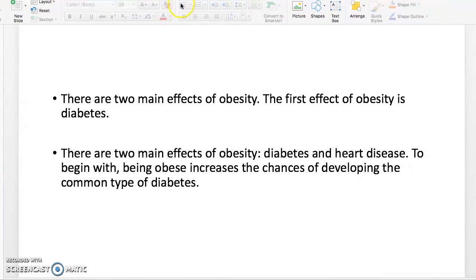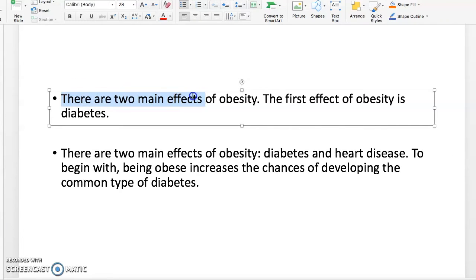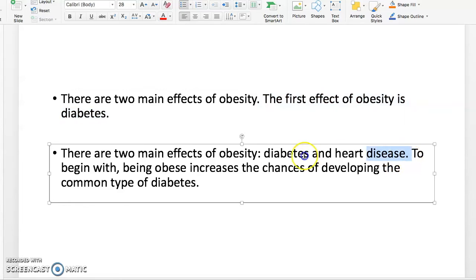If I have a closed topic sentence like there are 2 main effects of obesity, my first major would be the first effect of obesity is diabetes. So I have to state in my major sentence what the major is, what the first effect is. However, when I have an open topic sentence, there are 2 main effects of obesity, diabetes and heart disease, I wouldn't say the first effect is diabetes again.